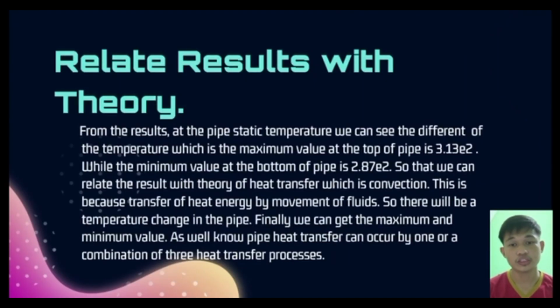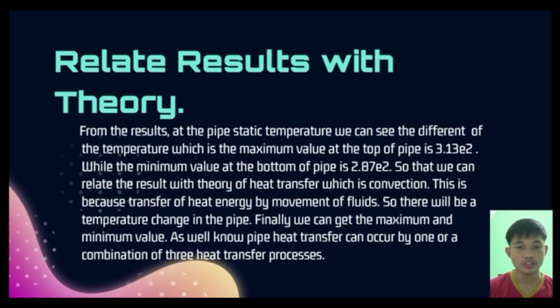Next we go to relate the result with the theory. From the result at the pipe static temperature, we can see the difference of the temperature, which is the maximum value at the top of the pipe is 3.13 exponential 2, while the minimum value at the bottom of the pipe is 2.87 exponential 2. So we can relate the result with the theory of heat transfer, which is convection.